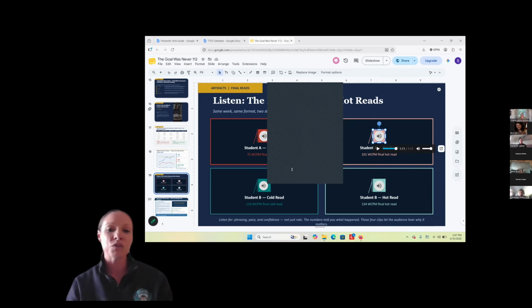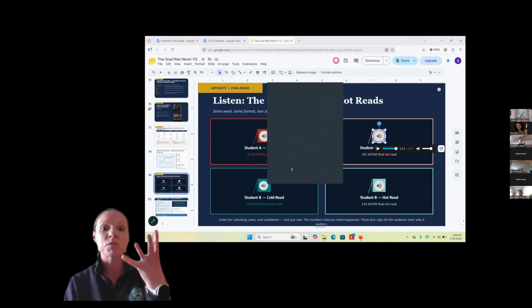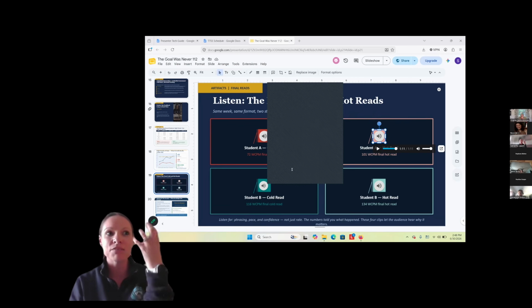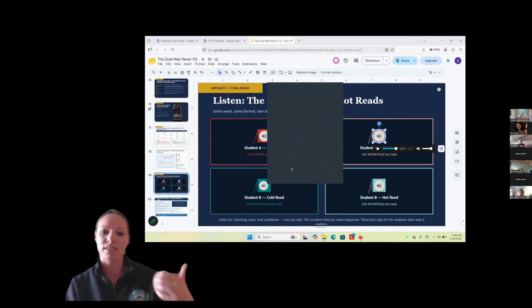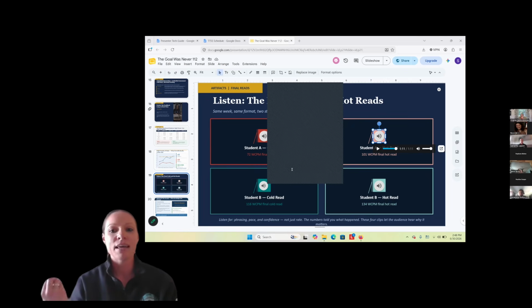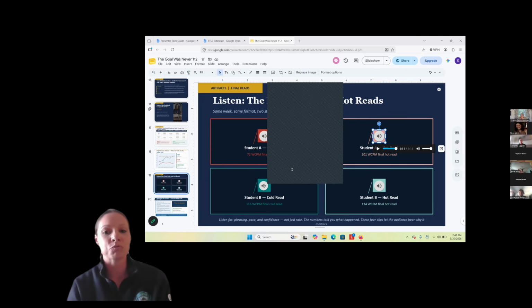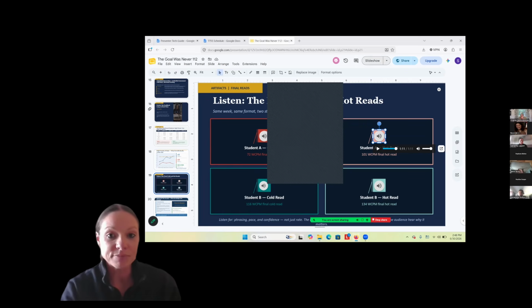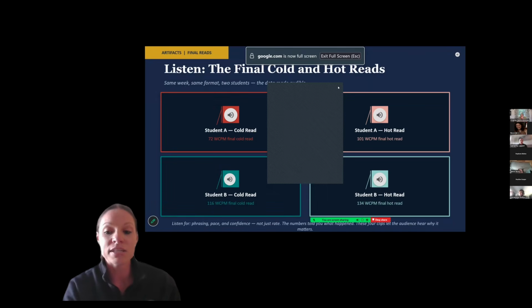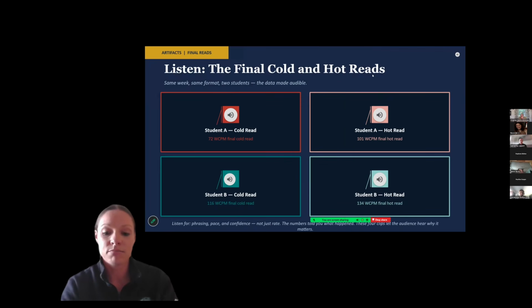But when you moved over, right, you saw that she was very quiet, right? That even just the volume of her voice is very different in her cold read. Then when she goes to something that she was really truly confident in, you realize that she can decode fine. She knew what the words were. They weren't the struggle. So there was something that was going on with her that made me start to ask some different questions.